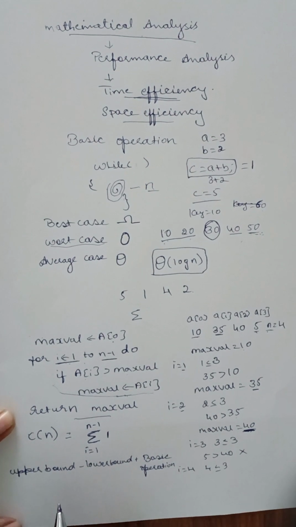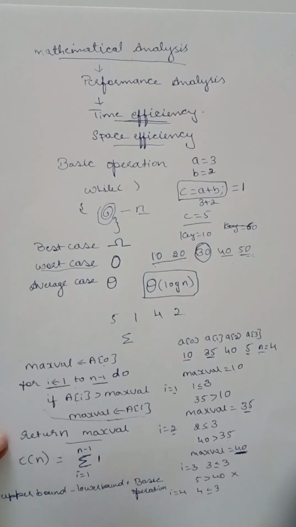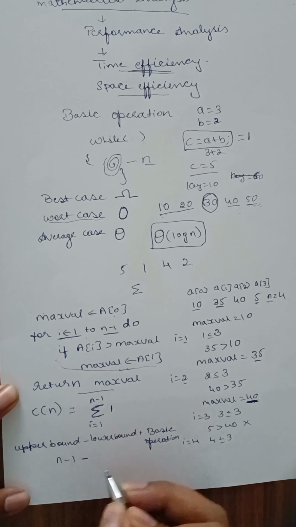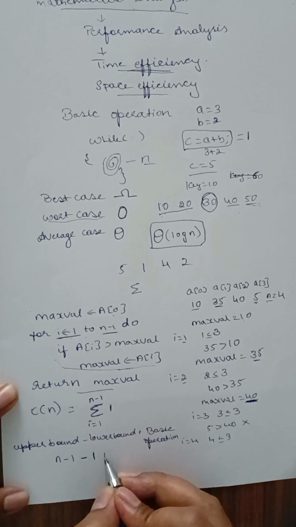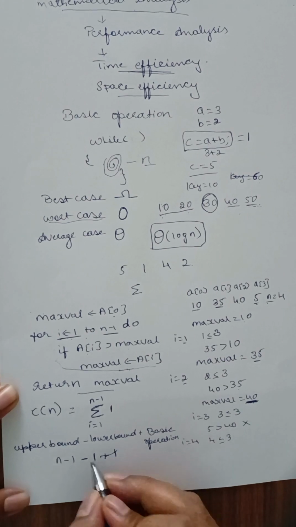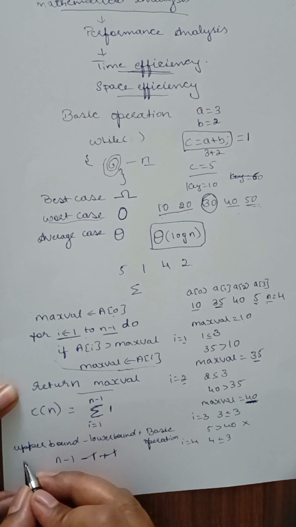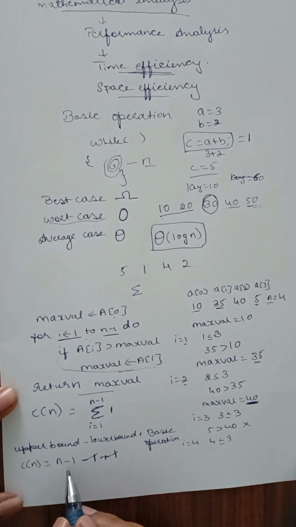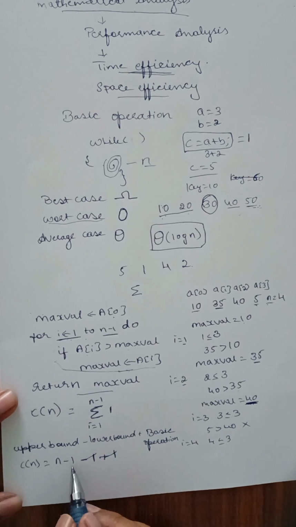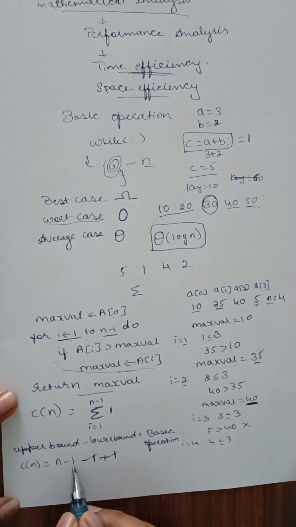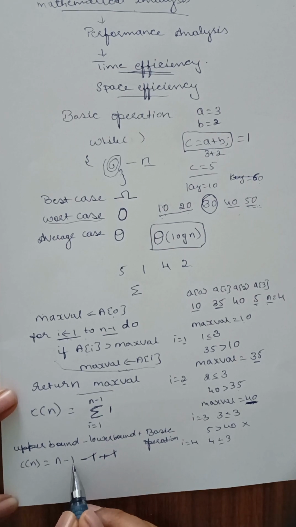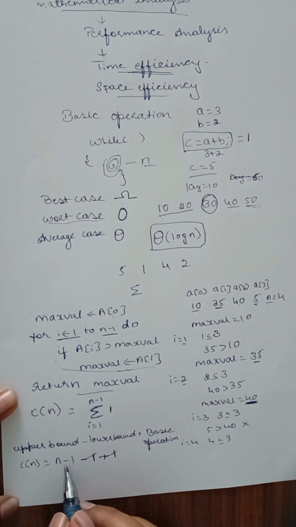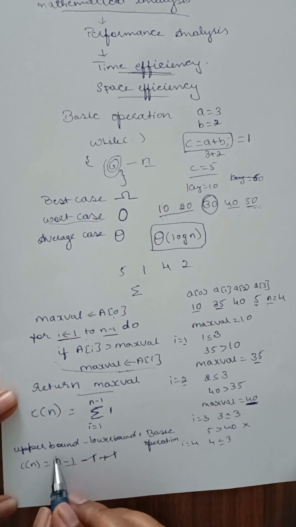Here the upper bound is n minus 1, minus lower bound 1, and the basic operation is also 1. 1 and 1 will get cancelled. So C of n is equal to n minus 1. Here, this n is called the order of growth and 1 is a constant. While writing the mathematical analysis, we take only the order of growth and do not consider the constant. So I will ignore this 1 as a constant and take only n.